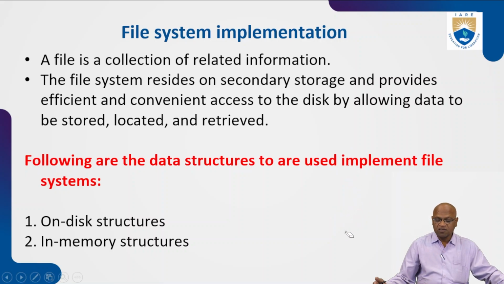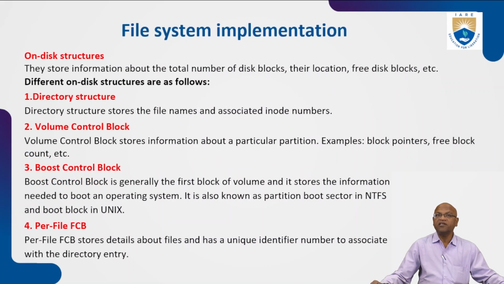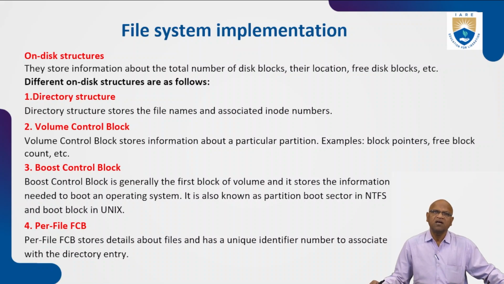Following are the data structures to be used to implement file systems: on-disk structure and in-memory structure. File system implementation on disk structure stores information about the total number of disk blocks, their location, free disk blocks, etc. Different on-disk structures are as follows: directory structure, volume control block, boot control block, and file control block, FCB.